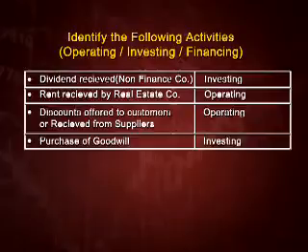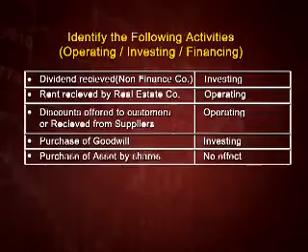Purchase of goodwill, it's an investing activity. And purchase of asset by issuing shares, it has no effect on cash flow because one fixed asset is coming and shares are going as fixed liability. There is no change in the cash part, so no effect.